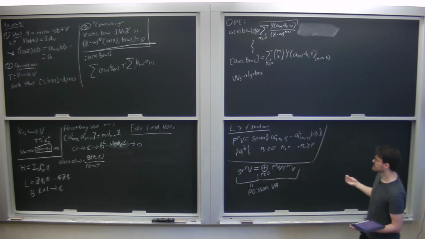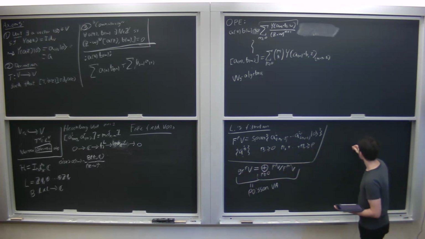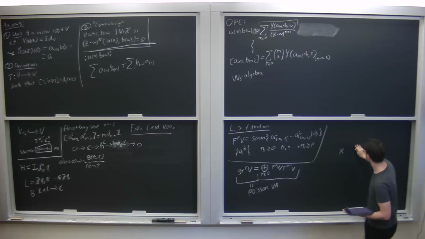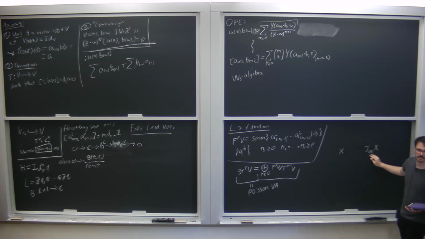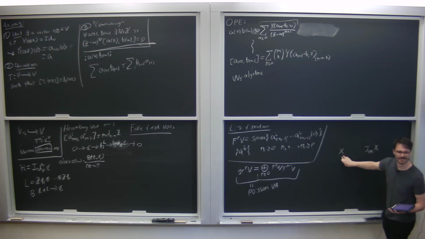And so what we should think of these things is, given some variety, let's say X, I can look at its jet scheme or arc space. And so there's this story where we want X to be Poisson.